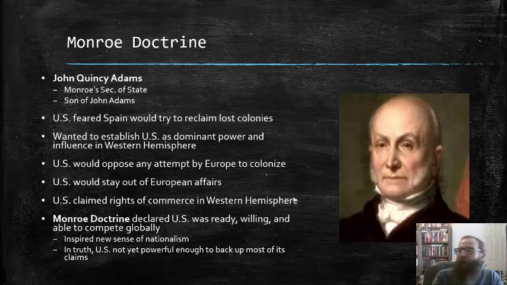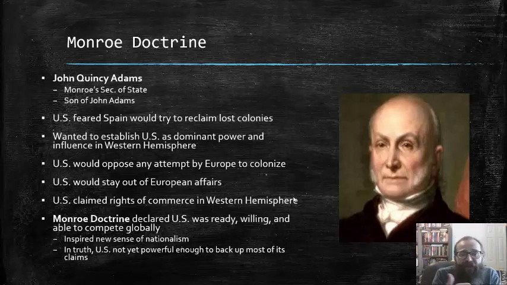The U.S., also fearful of growing British power and commerce in the Western Hemisphere, claimed the rights of commerce in the Western Hemisphere for itself. Basically, the Monroe Doctrine declared that the U.S. was ready, willing, and able to compete at the global level.